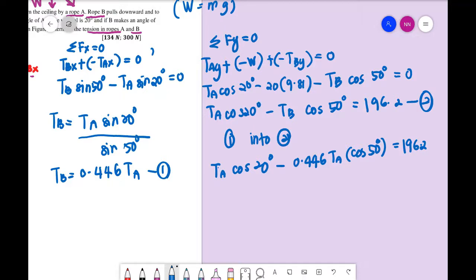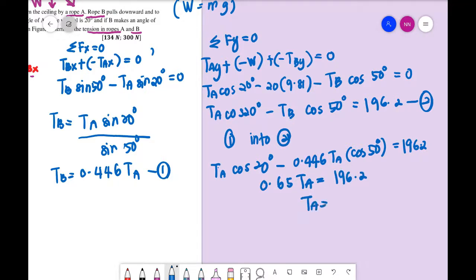Now we can get the value of TA. Cos 20 minus, in brackets, 0.446 times cos 50 degrees equals 0.65. So 0.65 TA equals 196.2.